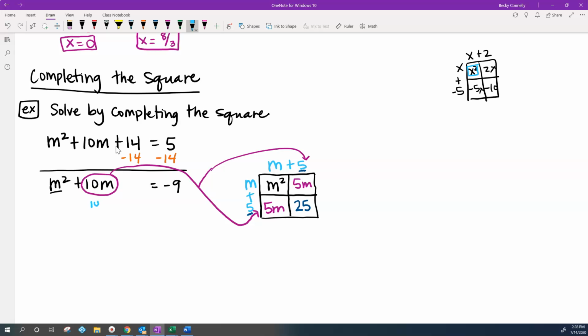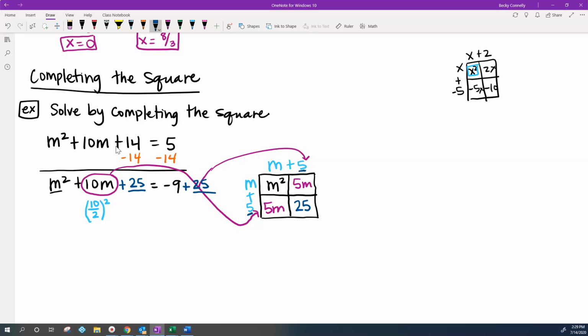So 10 divided by 2, half of it, and then squared is what I'm trying to do to figure out what goes in this blank that is here. It's like we have a plus blank, and if I add something to one side, I have to add that same thing to the other side. So half of the middle term, 10 divided by 2 is 5. 5 squared is 25. So 25 goes in both of those blanks.